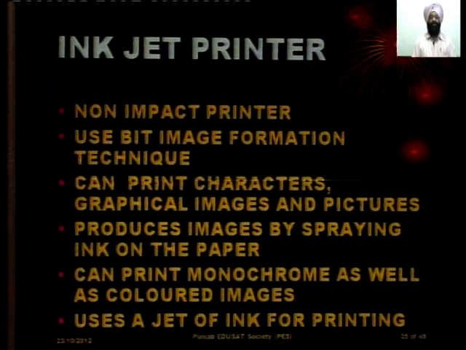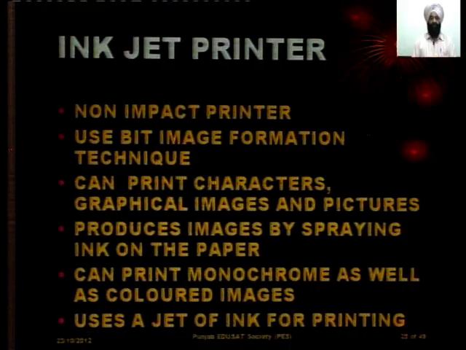It also uses the bit image formation technique. It can print characters, graphical images and pictures. Any character or any kind of image and picture can be printed with the help of this kind of printer, because there are no ready-made characters formed in the hardware.